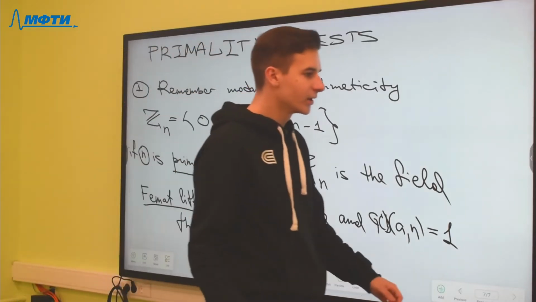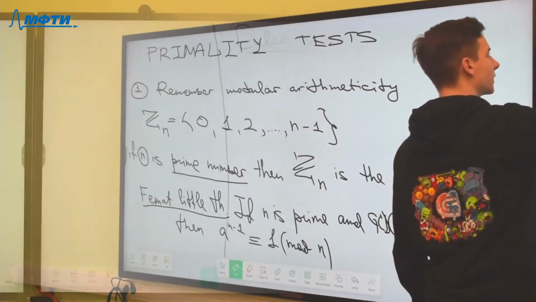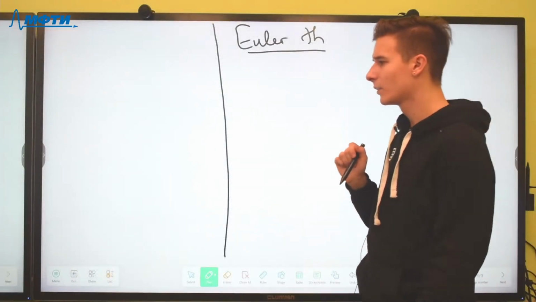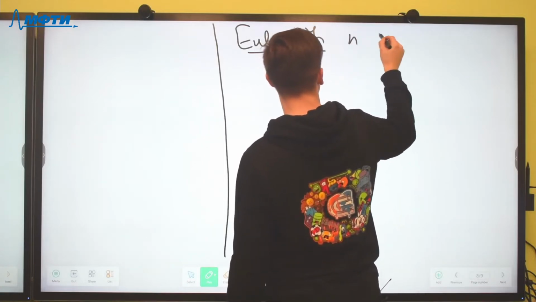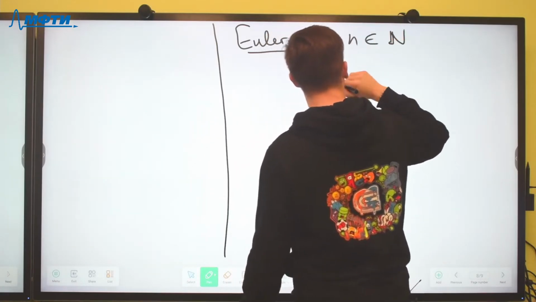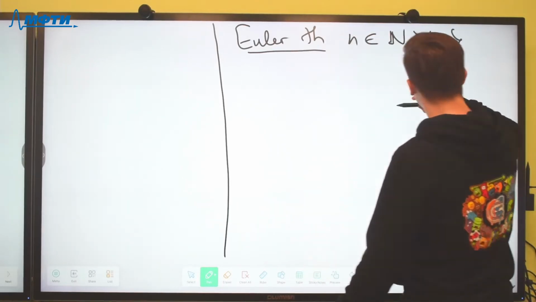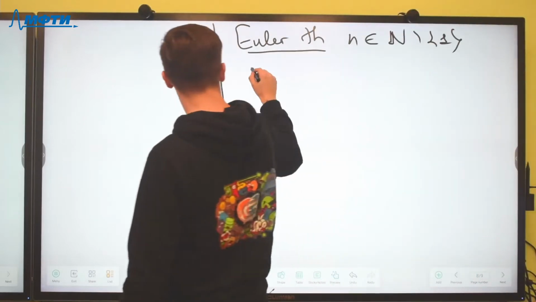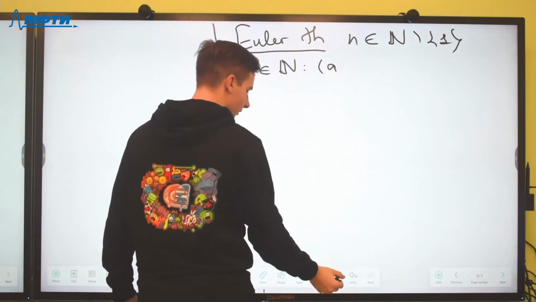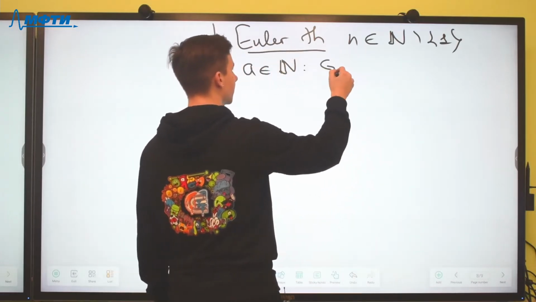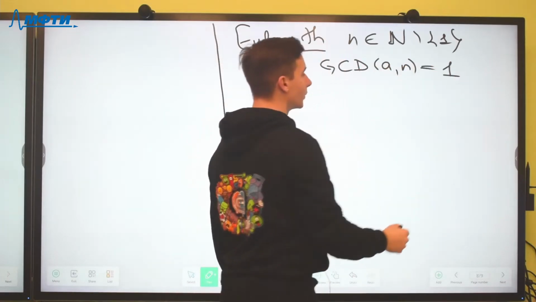Okay. In more general way, there is Euler's theorem. If n can be an integer number greater than 1, and a is an integer such that greatest common divisor between them is equal to 1.